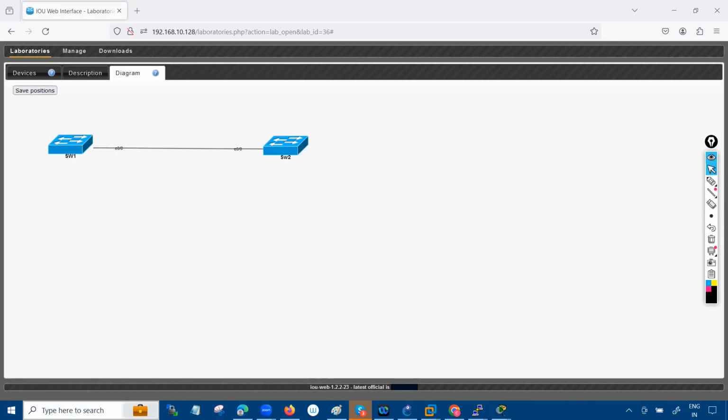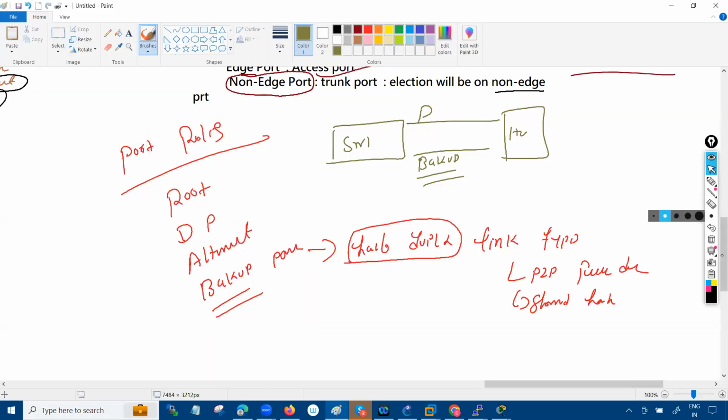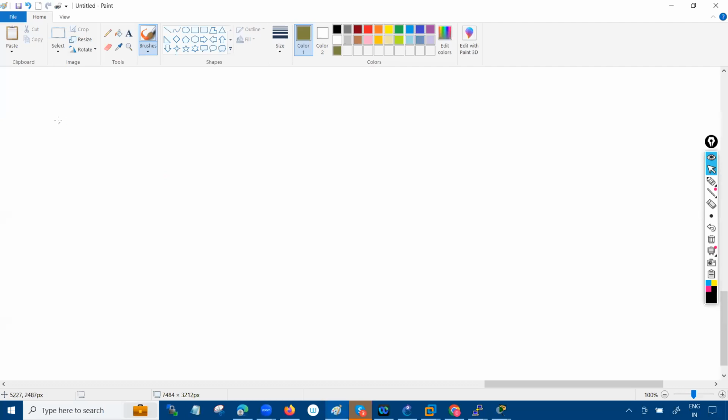Now, the next protocol that I have is called the MST protocol. I'll show you some theory from the book.